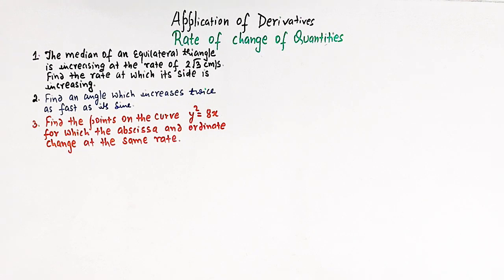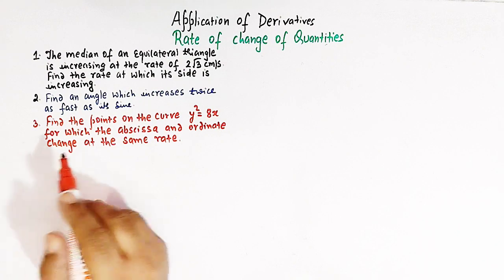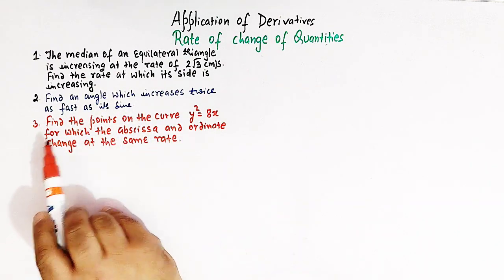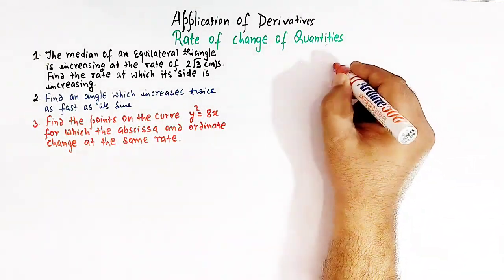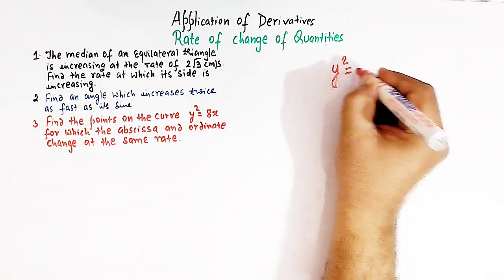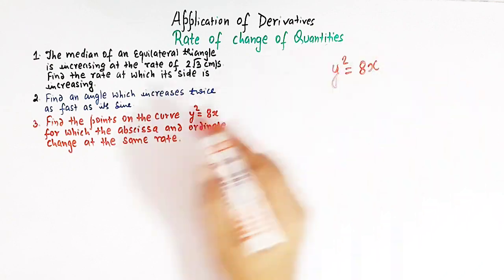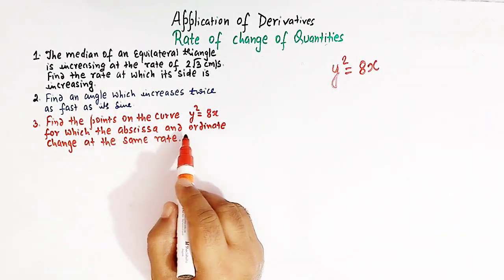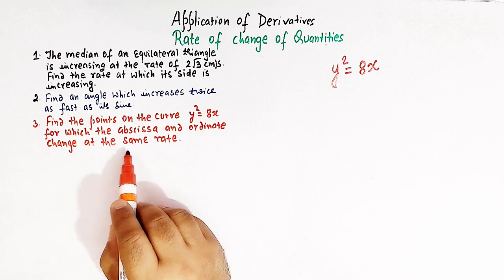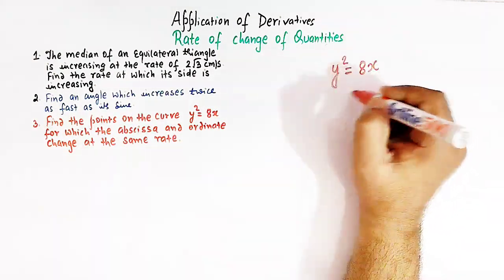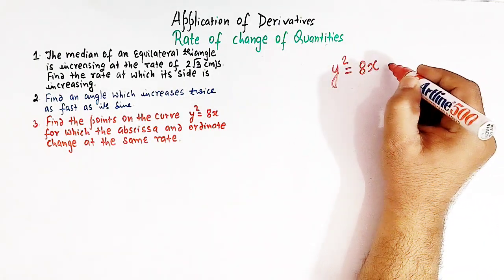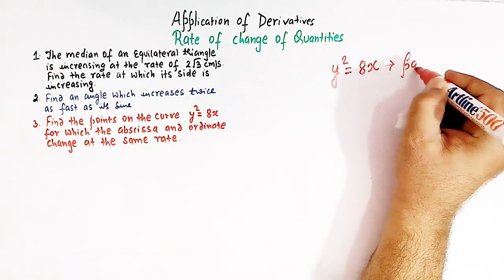Now let us take problem number 3. Here we have the problem: find the points on the curve y square is equal to 8x for which the abscissa and ordinate change at the same rate. So here we are given the equation of a curve which is a parabola.